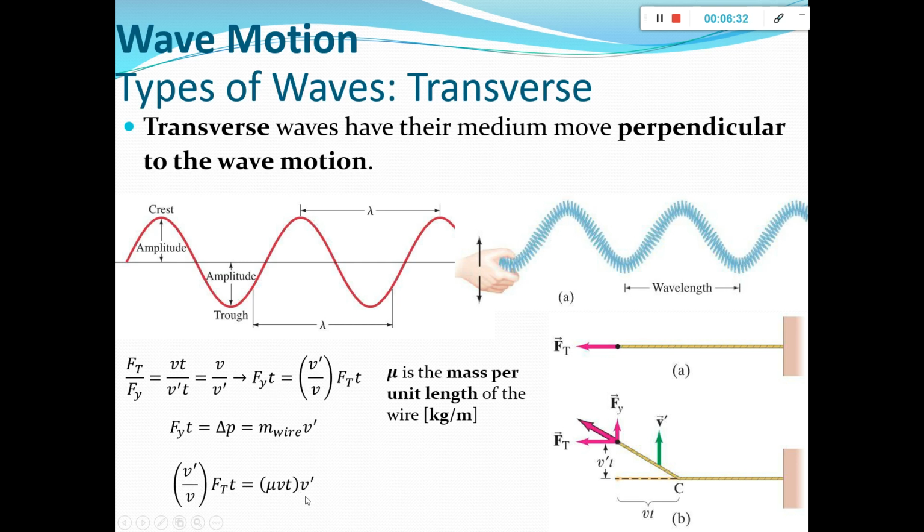Then one thing that we want to actually do is replace m of the wire with mu times length. That's what vt is. Velocity times time gives us length. Mu is actually referring to the mass per unit length, or sometimes called the linear mass density. It's measured in kilograms per meter, and as its name implies, it's mass per unit length.